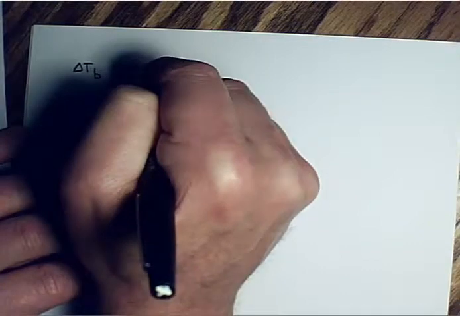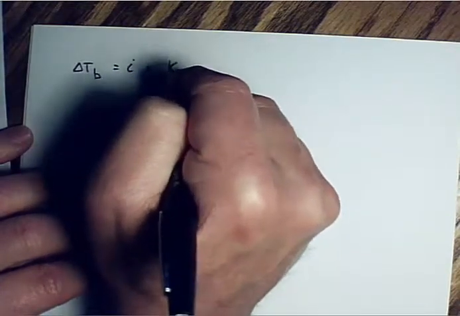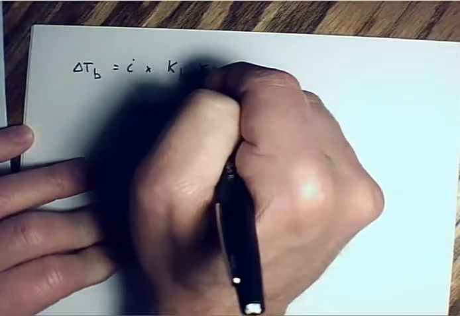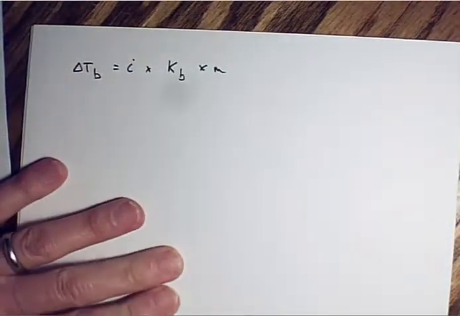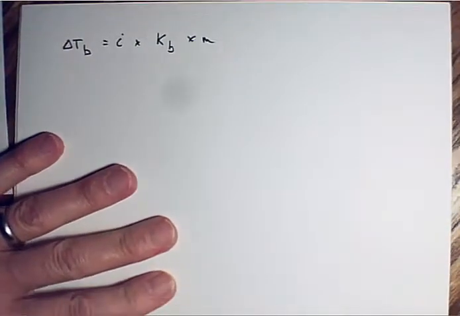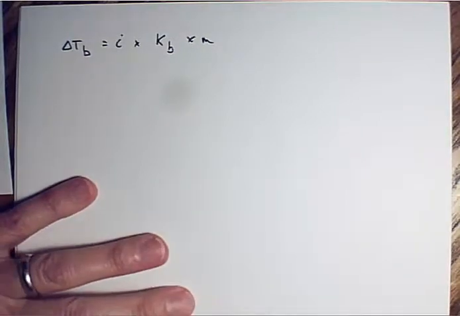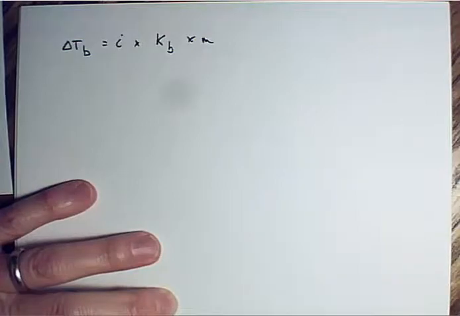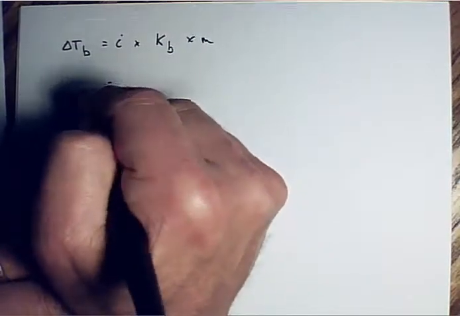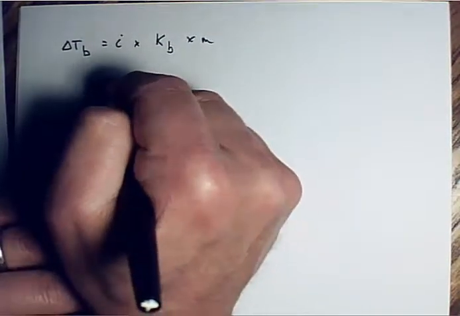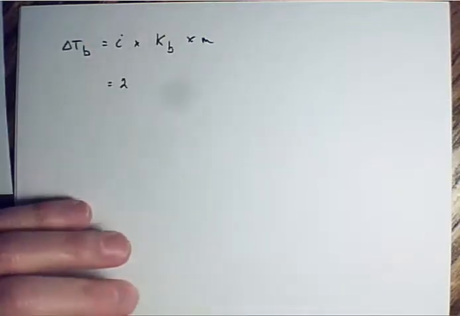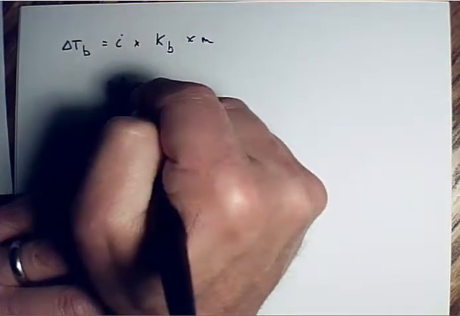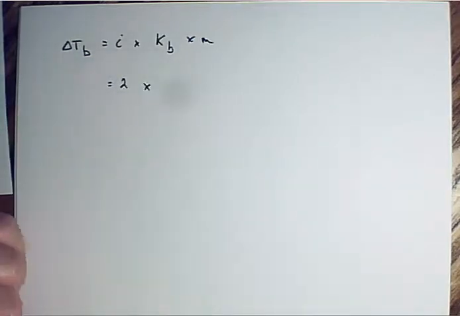And the van 't Hoff factor times the constant for boiling times the molar concentration. Oh, hey, same equation, just different subscripts indicating a different constant here. Okay? All right, what's i? 2. If the solute doesn't change, i doesn't change, okay? The solute is still sodium chloride.